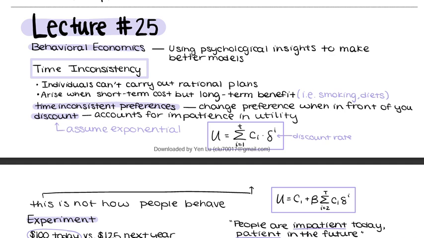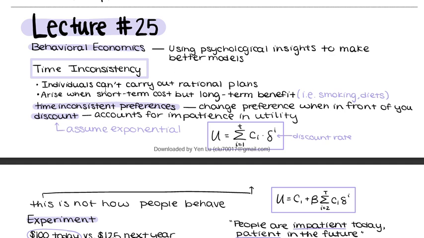You always want to quit smoking, but you ignore the short-term cost and gain a lot of utility from smoking in the short term, while you ignore the large amount of cost in the long term if you keep smoking.